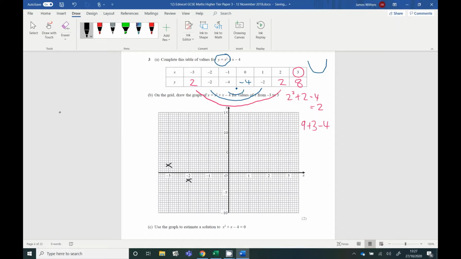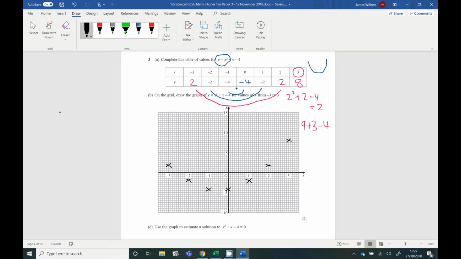And -1 minus 4 going down 8 baby squares. 0 minus 4, again going down 8 small squares. 1 minus 2, so down 4 squares. 2, 2, so up 4 squares. And then 3, 8. So after the 5 we need to go another 6 squares above that to there.